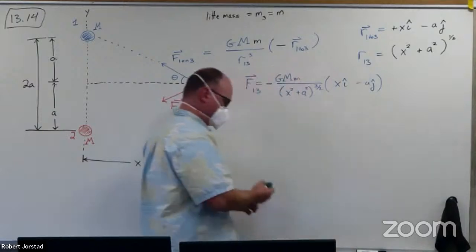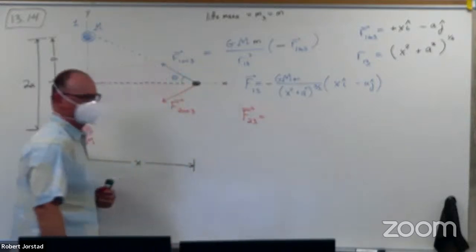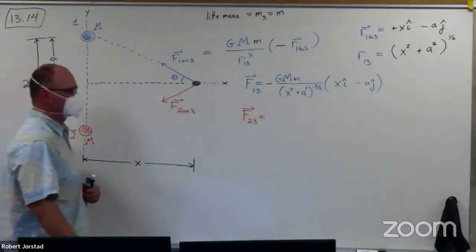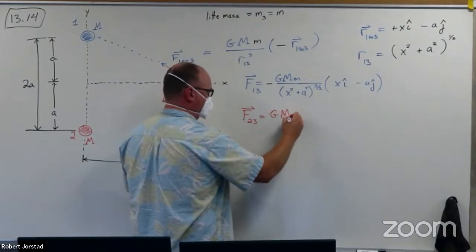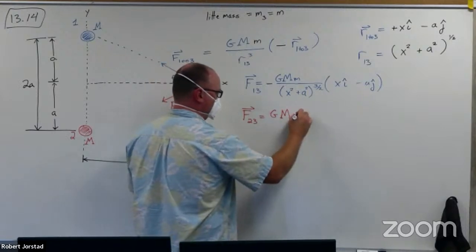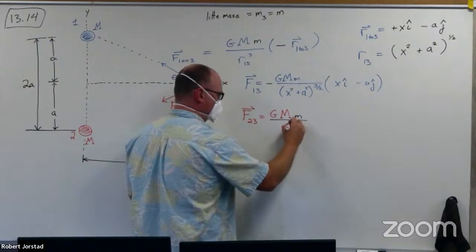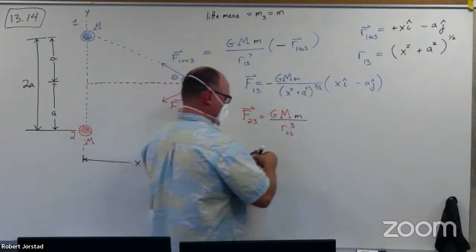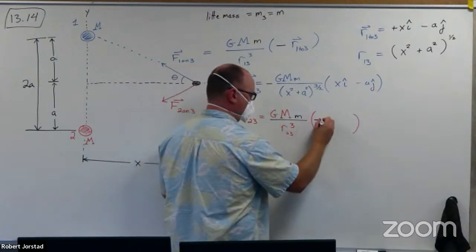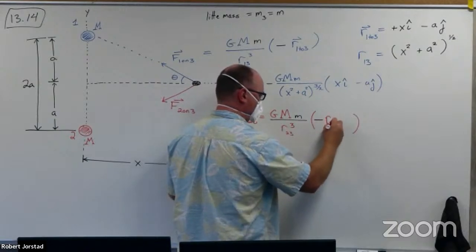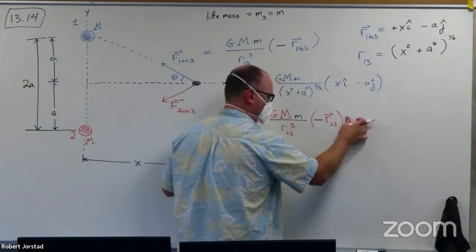All right. So now, let's get F23. It's going to be G M little mass all over negative, we'll come back to that.